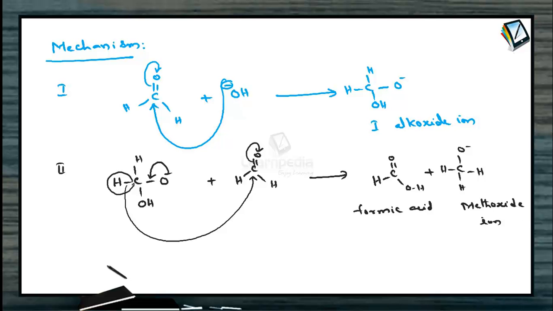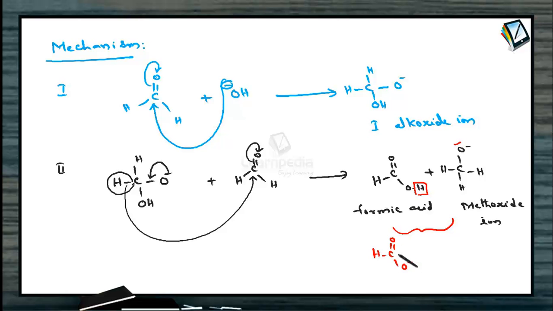In the third step, as we know, the carboxylate ion being more stable than the carboxylic acid itself, there is an exchange of proton from the acid to the alkoxide ion to give the stable products. In other words, this hydrogen, which is acidic in nature, will be transferred to this alkoxide ion oxygen, and from these two we get the carboxylate ion.